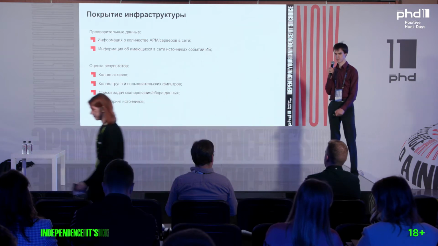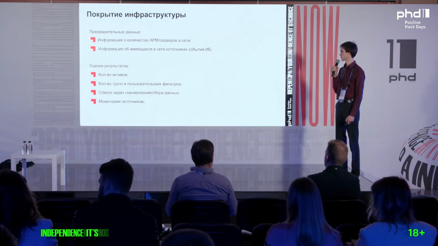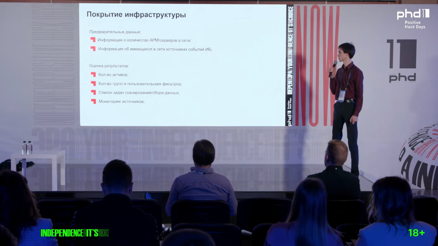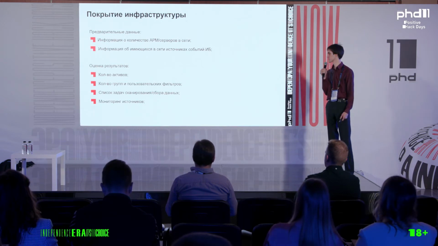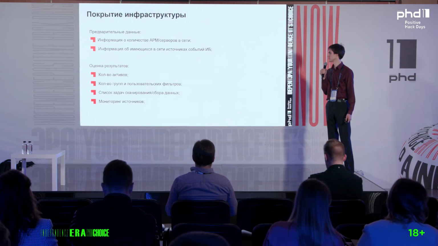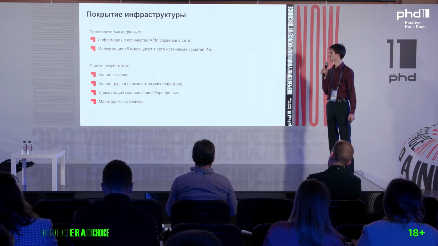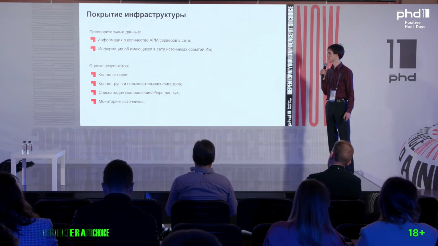So next one is analysis of the task list for data scanning and collection. Actually, this list can tell you which of the sources has been connected and what it is that we are collecting and scanning, and how stable data collection is.